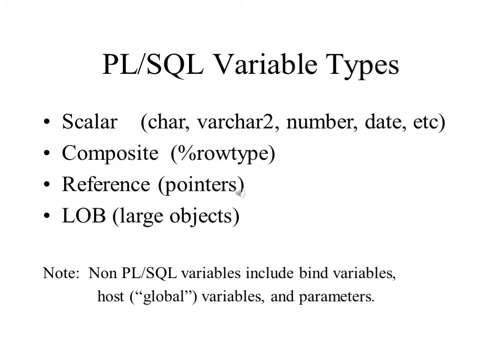Each variable in PLSQL has a specific data type which determines the size and the layout of the variable's memory, the range of values that can be stored within that memory, and the set of operations that can be applied to the variable.